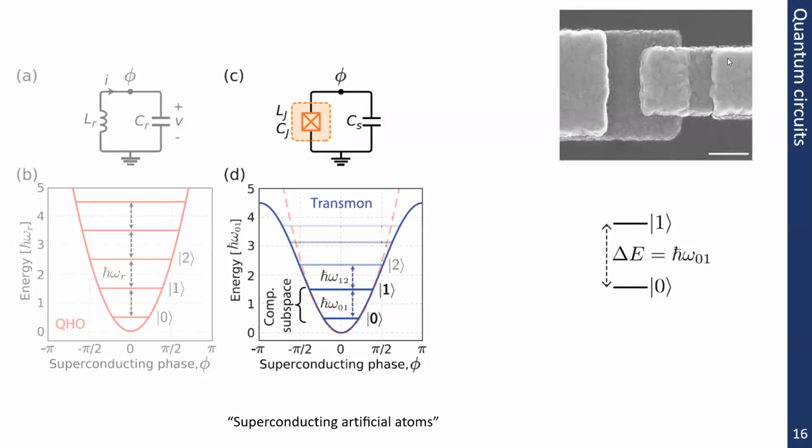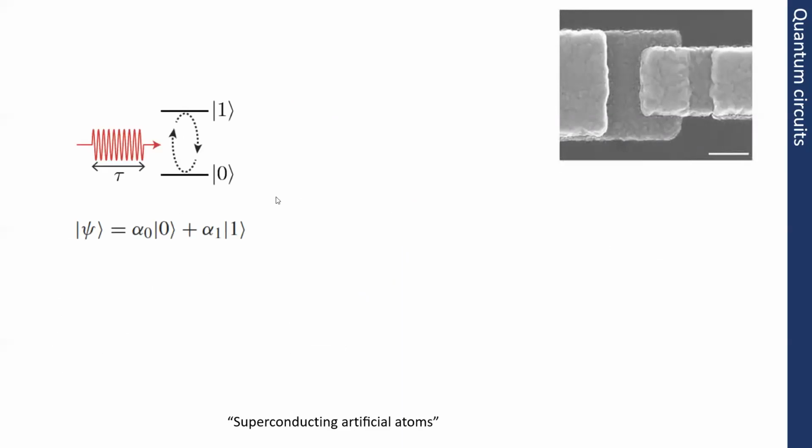Here we see two aluminum superconductors, the lower one and the upper one, and a very thin layer of insulator between these two. So we can isolate the two states.